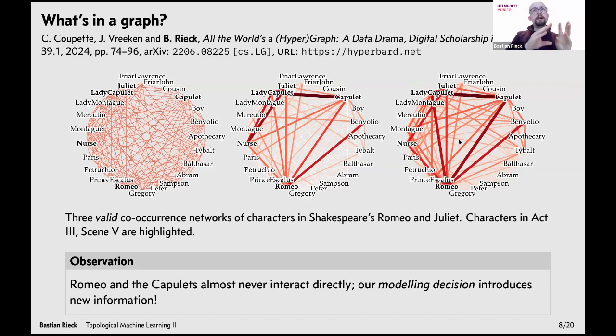And if you were now to take this data without understanding how it has been constructed, and you would use that for some graph learning task, then you might be in a bad place because you might end up solving a task that is actually not worth solving. Now, this sounds very pessimistic, but I just want to point out that modeling decisions and provenance of data matters.